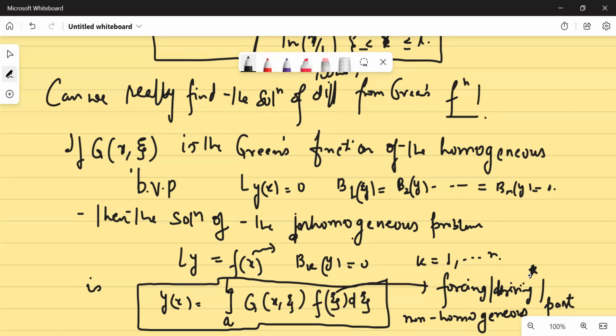For example, if you replace your f(x) by 0, you just find a Green's function for that particular thing, and having known that G, you can integrate it with f(zeta) in the interval of existence, that could be given to you from a to b, wherever your boundary conditions are served. If you integrate it in that limit, you will get back your y(x). Because see, this integration is going over zeta, so eventually all these a's and b's will be filled by zeta. I mean, this is an integration over zeta, so you will get a function of x.